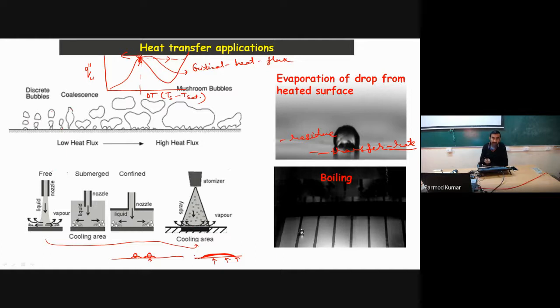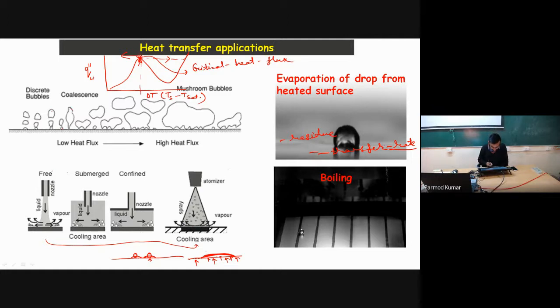Why? Because liquid has high thermal conductivity. So if our purpose is to remove heat, it will have a tendency to take more heat from the surface. And if we have a dry spot, then corresponding to the dry spot the surface temperature will increase, and if it goes beyond safe limits, it may be detrimental for the component which we are operating.